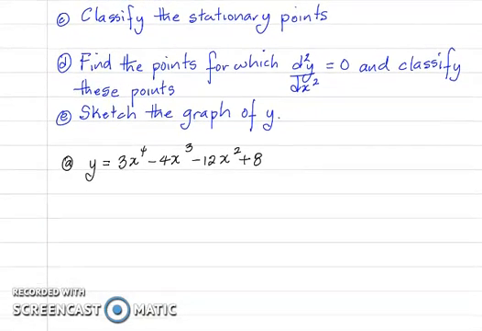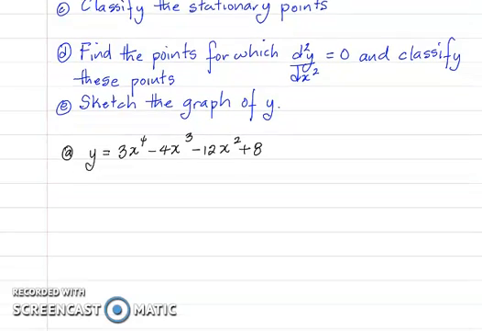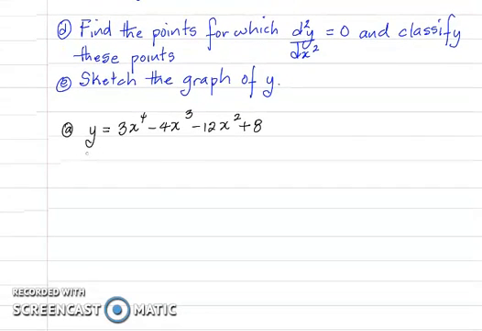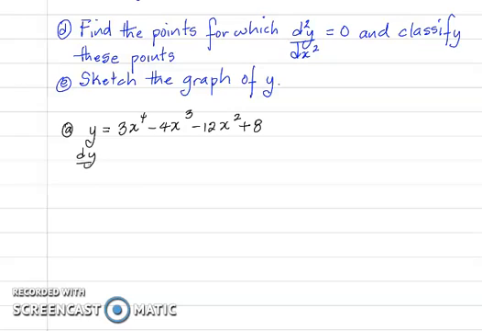So let's start off by doing A, which is to find dy by dx. So dy by dx would be equal to 12x to the third power minus 12x squared minus 24x.